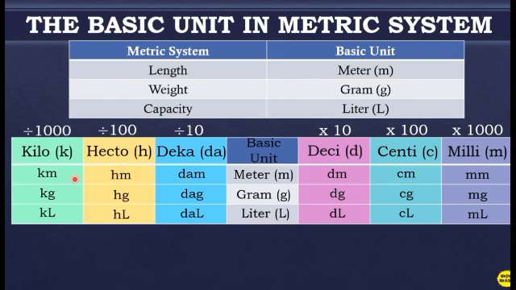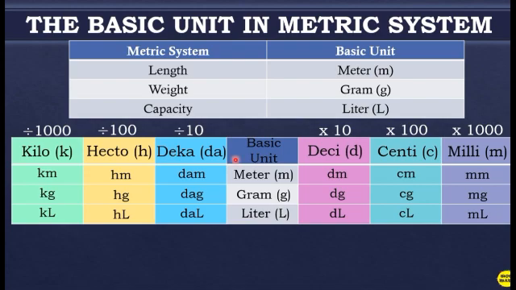And this one, divide by 1,000. So again, converting bigger to smaller unit, we multiply, moving to the right. Converting smaller to bigger unit, moving to the left, we divide, by the number of moves.